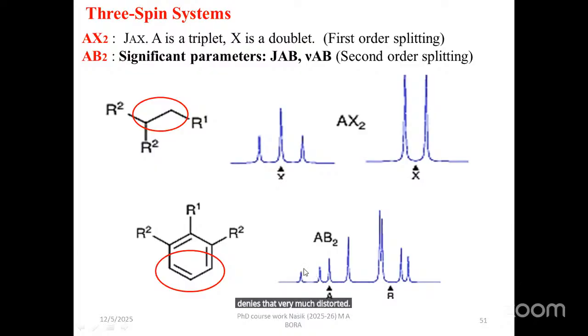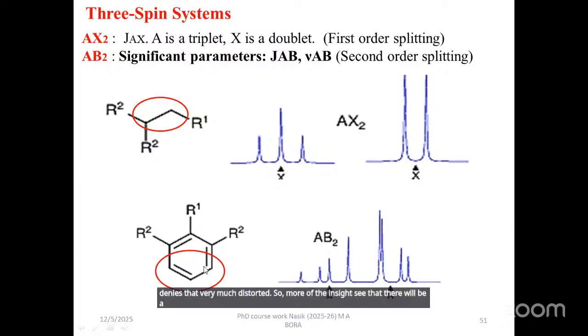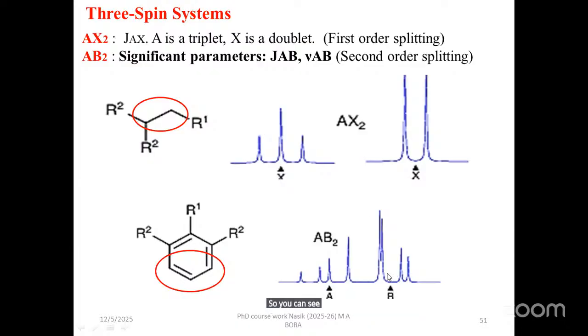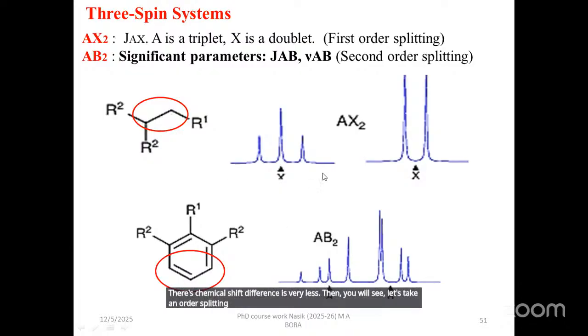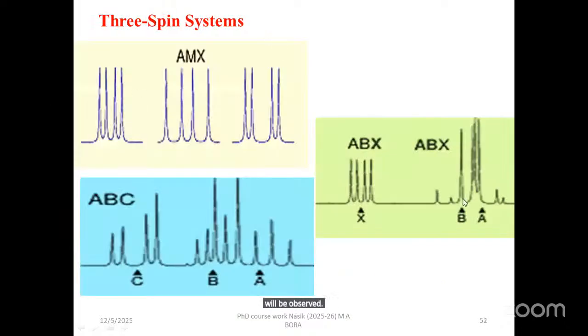There will be second order splitting, and they will start appearing like a doublet of doublet, or a doublet of triplet. Complication will start once any two coupled protons have a very small chemical shift difference, then you will see second order splitting. If the chemical shift difference is high, then nice first order splitting and nicely separated quartet, triplet or triplet doublet will be observed.